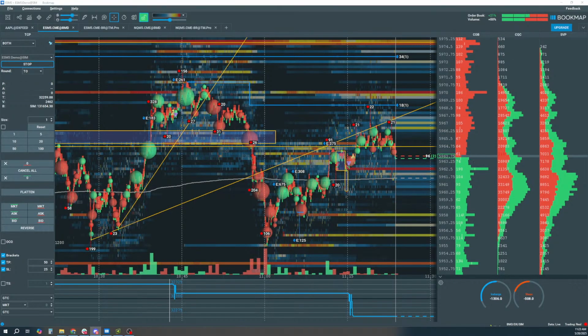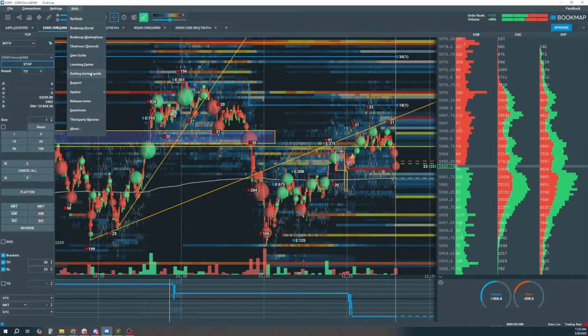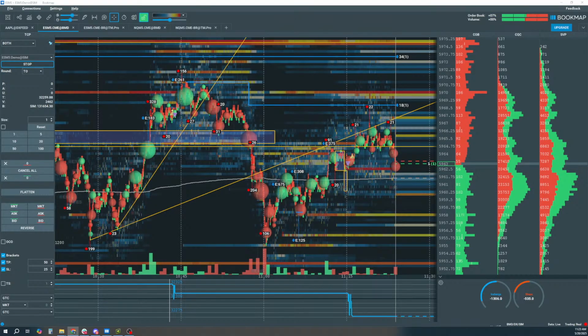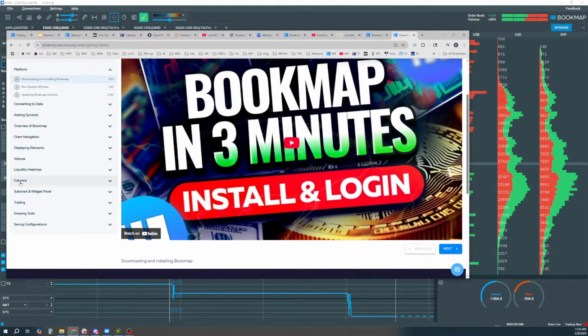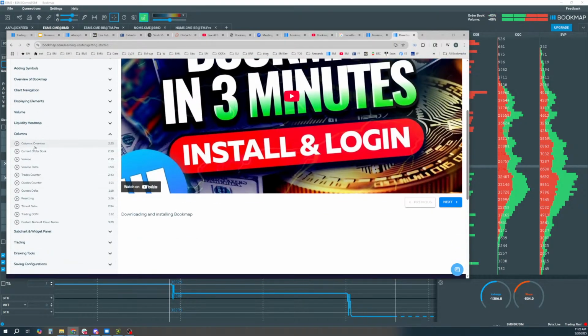But where can you find the CQC column? Well, first off, let me show you. Go to Help, go to the Learning Center. That'll bring up the Learning Center and the Getting Started course. Click on that, and under the columns you'll see all the different column types.